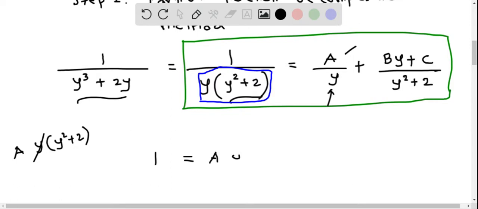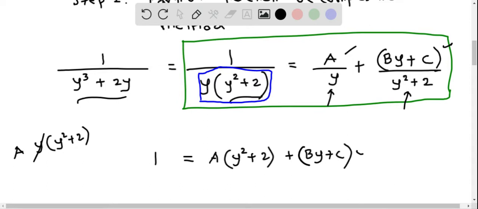So I'm going to write this as a multiplied with y squared plus 2 plus, as far as this term is concerned, it has y squared plus 2 in the denominator, and compared with the common denominator, y times y squared plus 2, since we multiply with this term, here this y squared plus 2 will get cancelled, and so this expression will be multiplied with y. So I write this as by plus c times y.